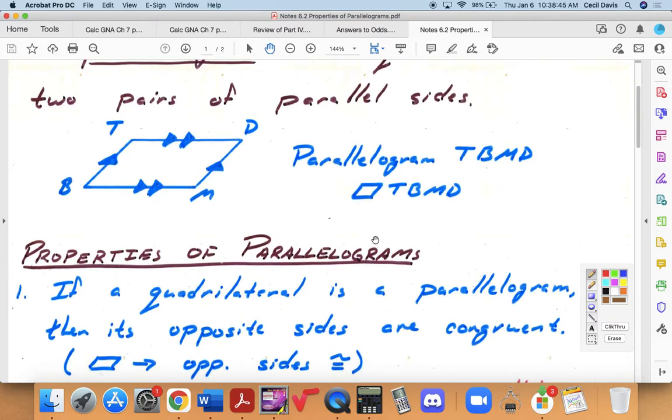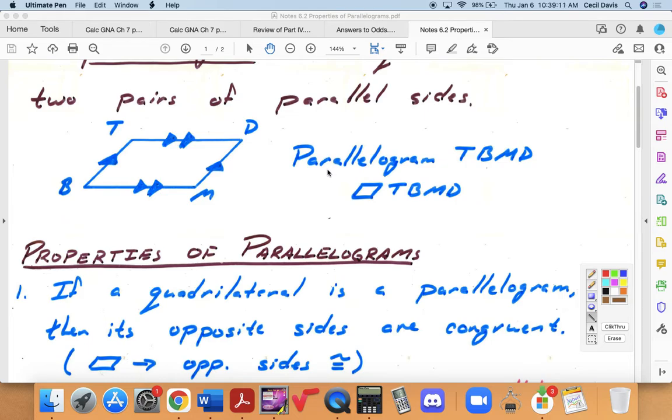So before we go on, though, and you don't have to copy this down, but please watch and follow along. How do I know that these 2 sides are congruent other than it says so here? Because it says so here is never really a good reason. Yes? Because segment TB and segment DM wouldn't be parallel if they weren't.